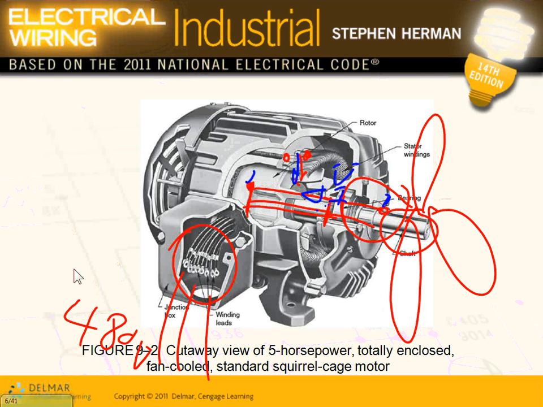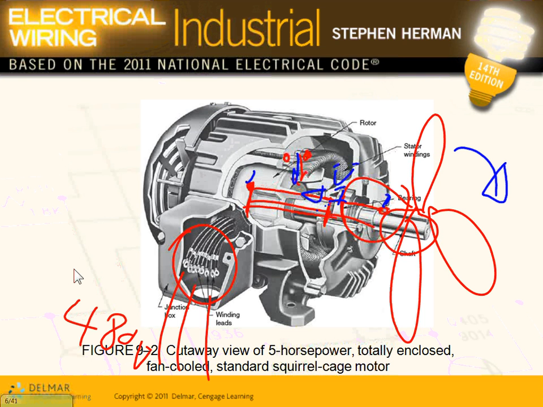Then you have a rotating magnetic field because of the AC, guys. The north keeps moving and the other north keeps moving away from it. So if you can imagine a magnetic field rotating because of the AC, and the rotor magnetic field is also trying to chase that, one is moving and the other one is chasing it. Long story short, that's what you get, the effect of spinning.